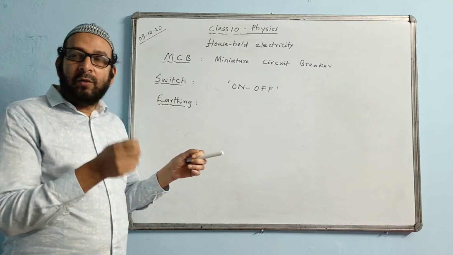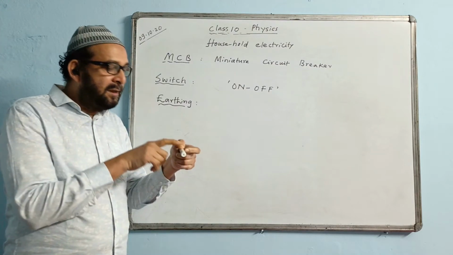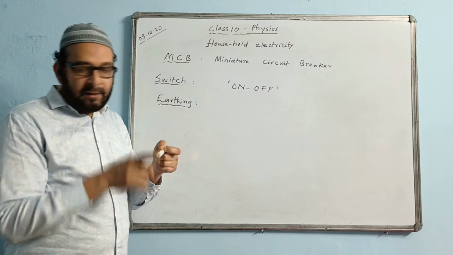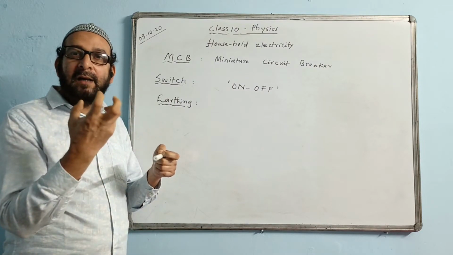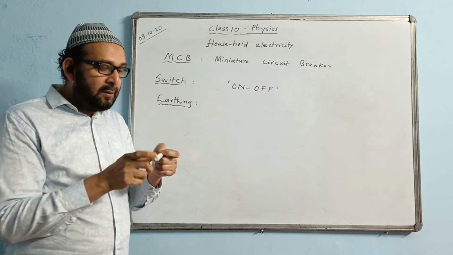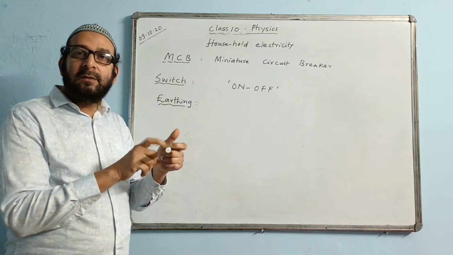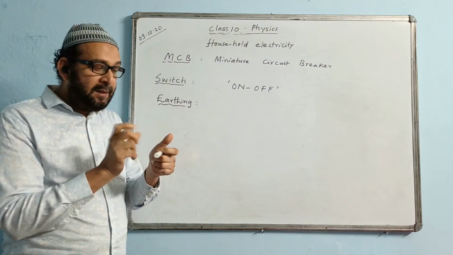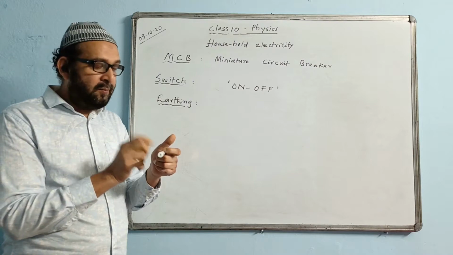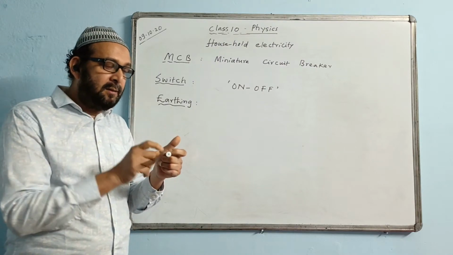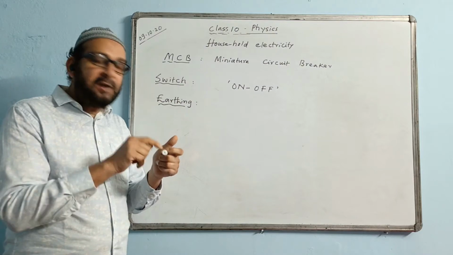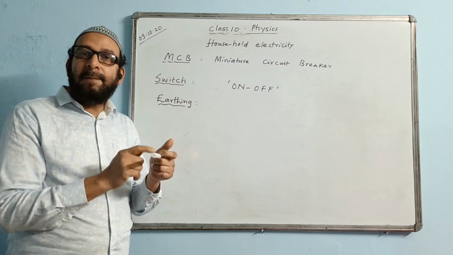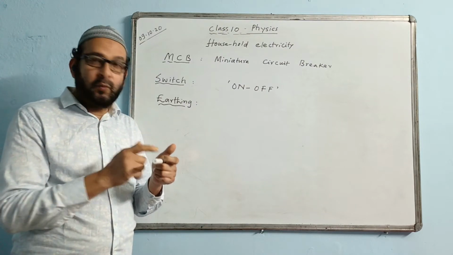When, due to any fault or any reason, the current starts leaking in the body of the appliance, that current will go to the earth. And when the current goes to the earth, it draws a very large current. A large current will cause the fuse of the appliance to blow. I mean, the fuse of the appliance will get burnt. That is the indication that there is a leakage of current in the metallic part of the appliance and the appliance is not safe for use.